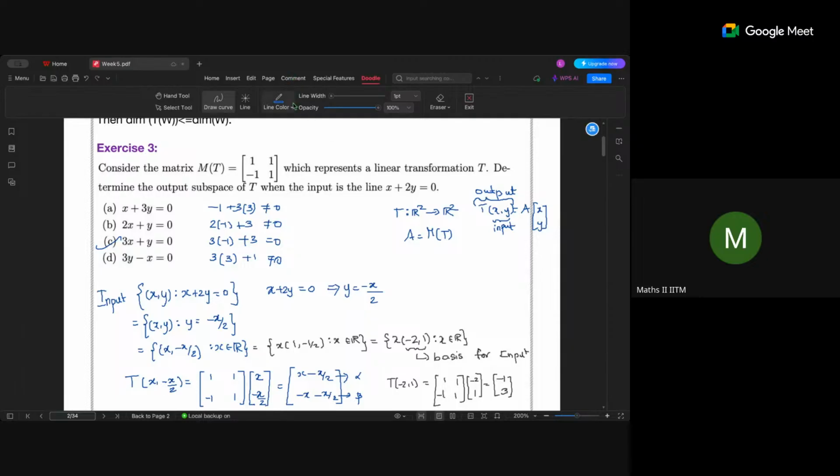I'm saying that your input is a line. Find the maximum dimension of the output under T, under this same scenario. If the input is a line, what can be the maximum dimension of the output?